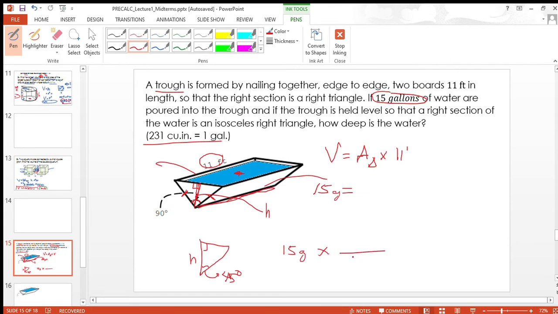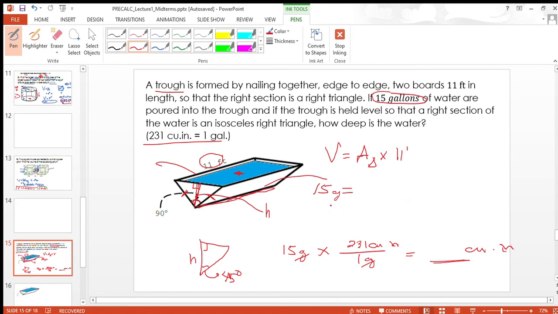Conversion factor, 1 gallon is to 231 cubic inches. Therefore, this will cancel out. We will be able to get the volume of the water in cubic inches.